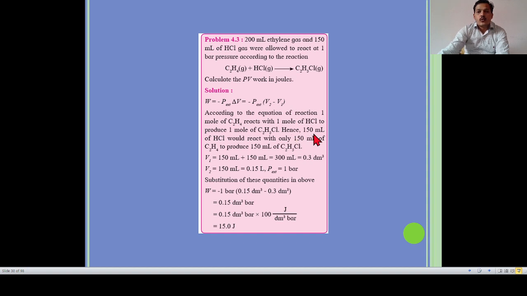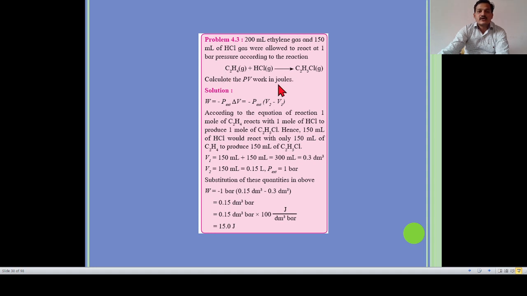Hence 150 ml of HCl would react with only 150 ml of C2H4 to produce 150 ml of C2H5Cl. So all quantities are the same, 150 ml, 150 ml, 150 ml, because the stoichiometric coefficients of reactants and product are equal to 1.